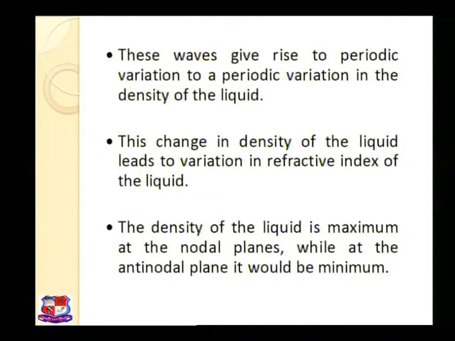This wave gives rise to periodic variation in the density of the liquid, due to the motion of these waves. That means this change in density of the liquid leads to variation in the refractive index of the liquid.